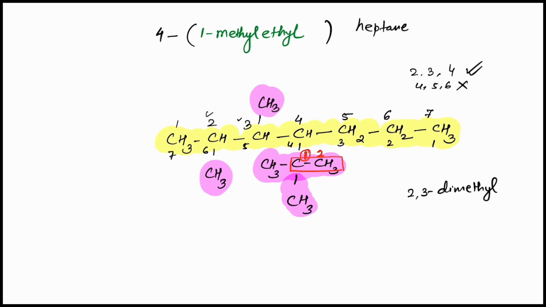So the name of this substituent itself is 1,1-dimethyl, and the length of this chain is 2, so ethyl. And this group is attached at carbon atom 4 of the parent chain. So this is 4-(1,1-dimethyl ethyl). That is the name of this substituent here.